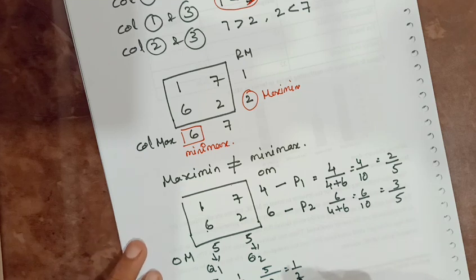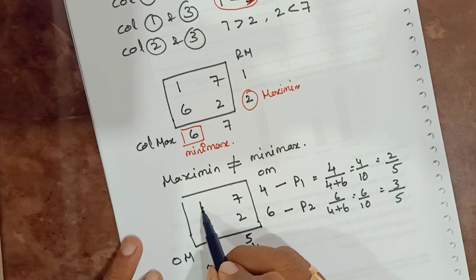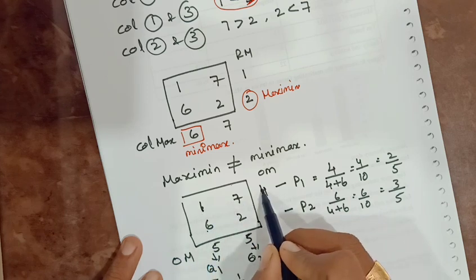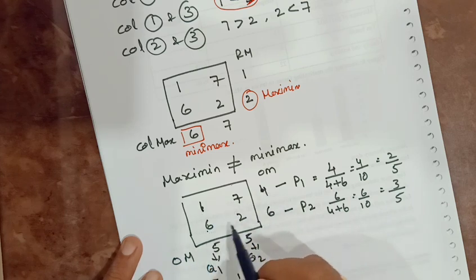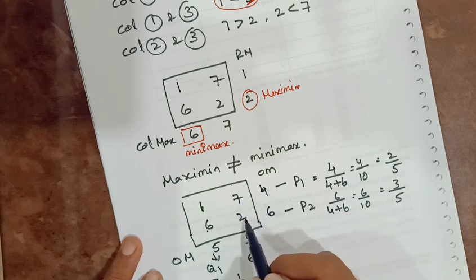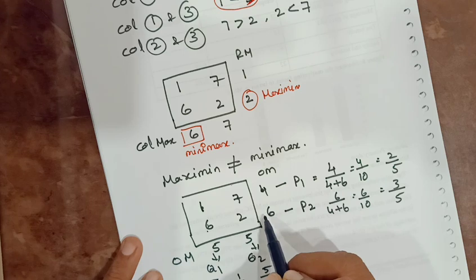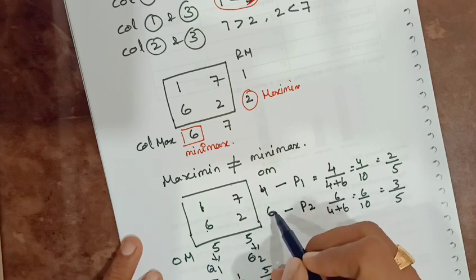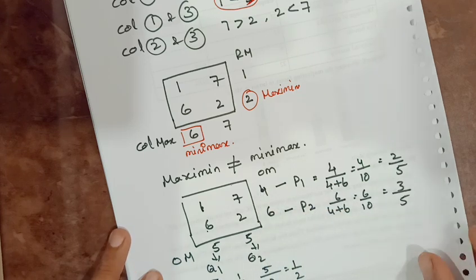So value of the game can be calculated as 1 into 4 plus 6 into 6, 7 into 4 plus 2 into 6, divided by the probability, 4 plus 6.